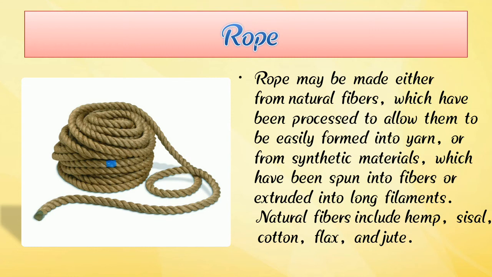Natural fibers include hemp, sisal, cotton, flax, and jute. So, ropes are mostly made from jute, flax, and cotton.